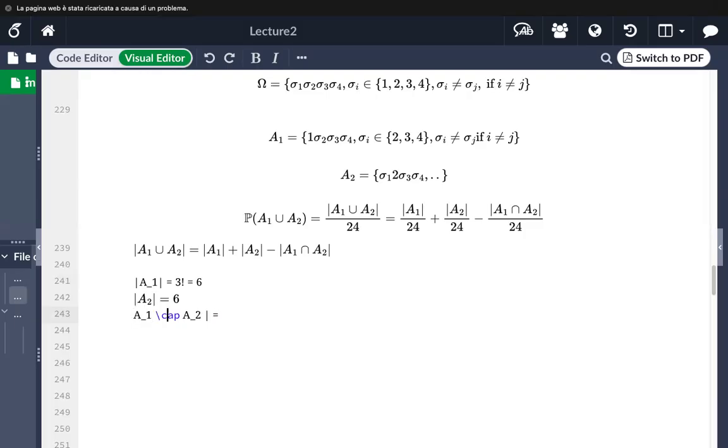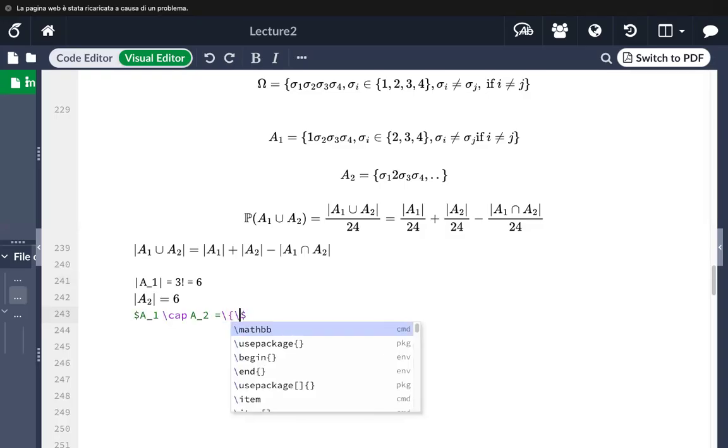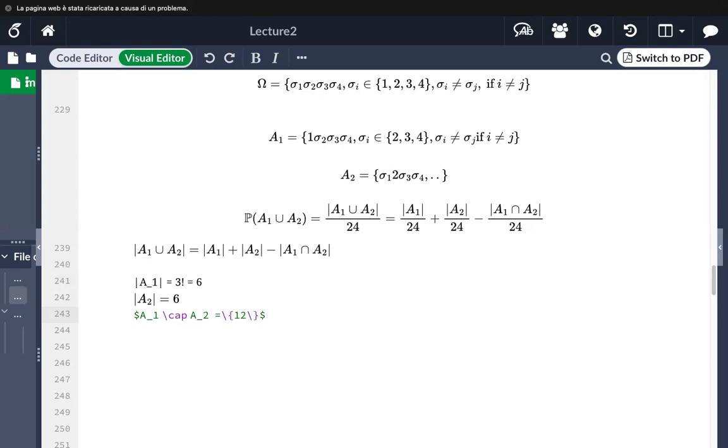This set is equal simply to these 2 rearrangements: 1, 2, 3, 4, and 1, 2, 4, 3.